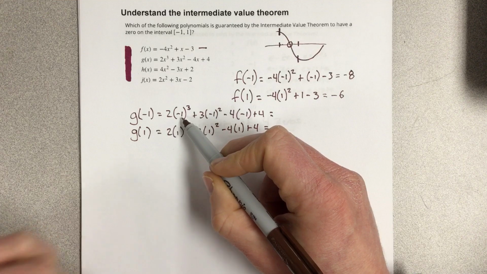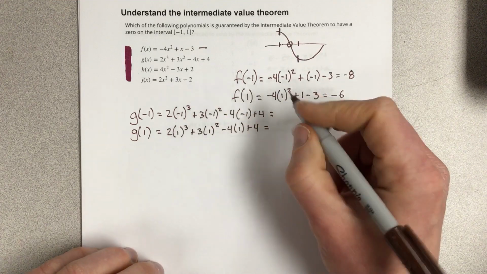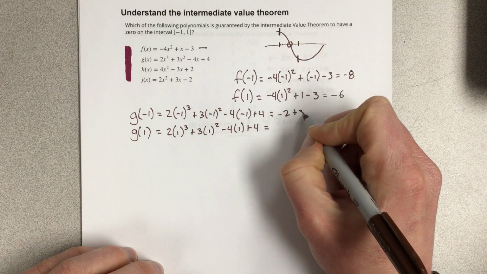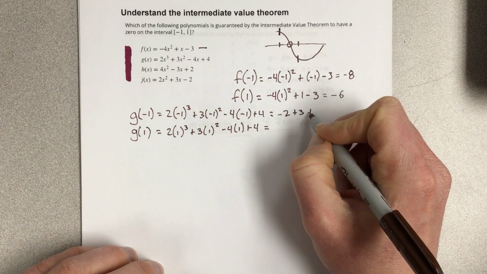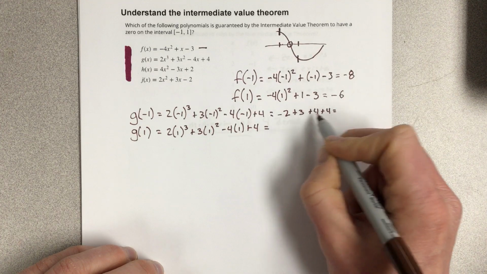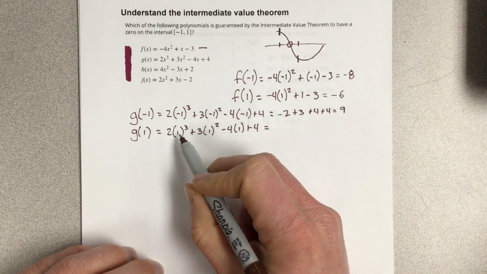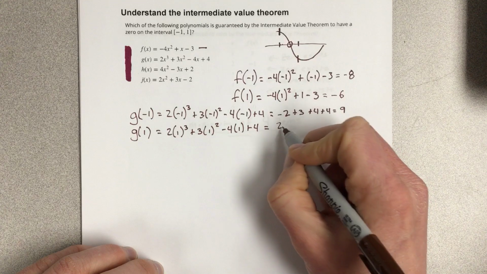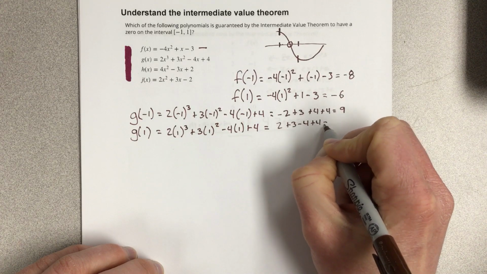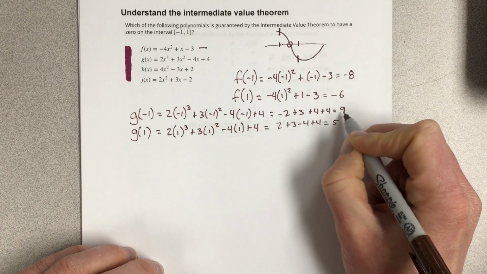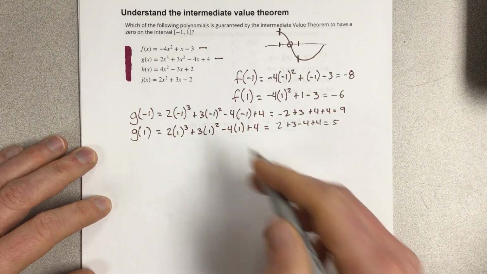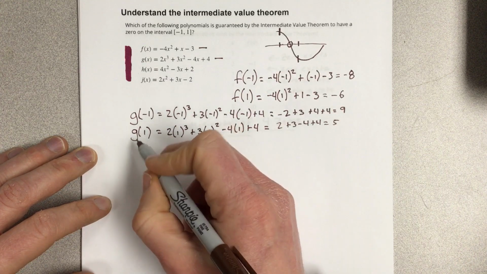So -1 cubed will be -1. So you end up with -2 plus 3 plus 4 plus 4. So that's going to be 9. Do the same thing over here. You get 2 plus 3 minus 4 plus 4. That's going to be 5. Notice the signs do not switch. So this function does not have a 0 necessarily between those two values.